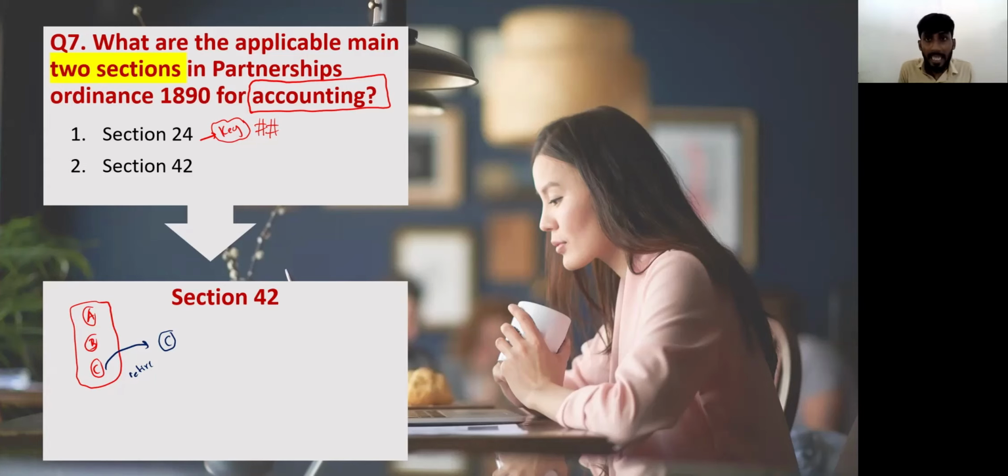Now, in case the partnership does not have sufficient money to pay the equity, in that situation, let's say 1,000 is the equity to be paid, but we had only 600 to pay in cash.